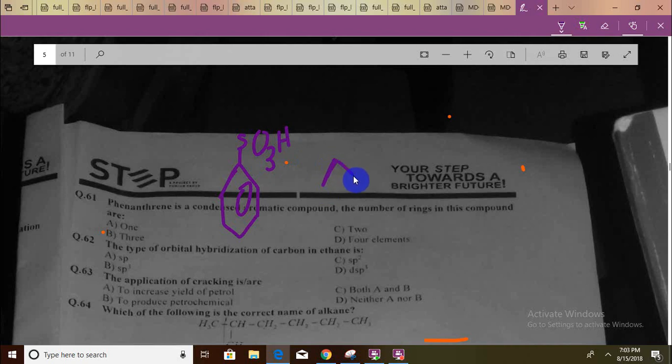Or if we have, say, an OH, it's called phenol. And if it's like this, it's called toluene. And if it's like this, we call this aniline, right?